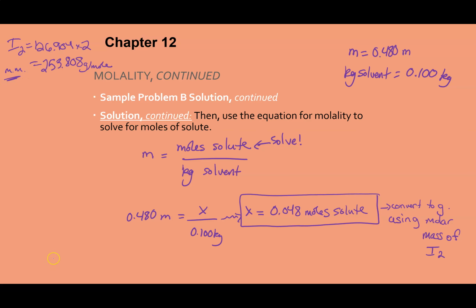All right, so our very last calculation is to take our 0.048 moles of I2 to grams by multiplying across.